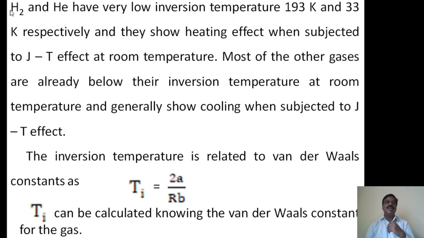Hydrogen and helium have very low inversion temperatures, around 193 Kelvin and 33 Kelvin respectively.